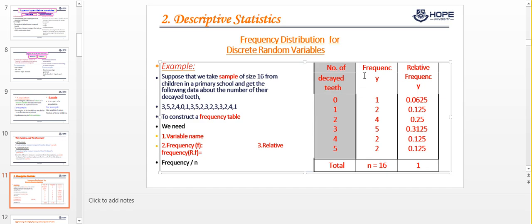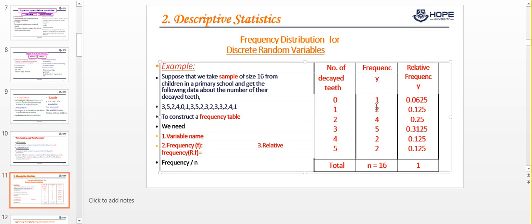The frequency number means how many individuals have each value. Zero teeth decaying, that means no teeth decaying, has only one child. One decayed tooth is two children. Two decayed teeth are 4 children. Three decayed teeth are 5 children. Four decayed teeth are 2 children.